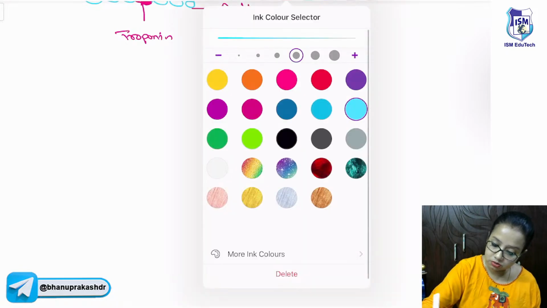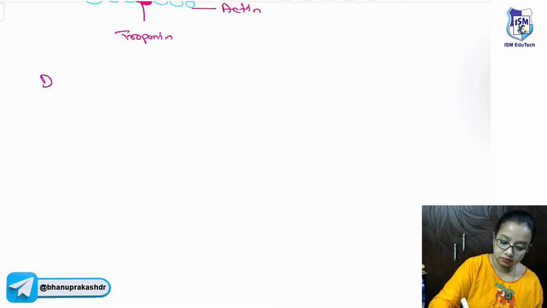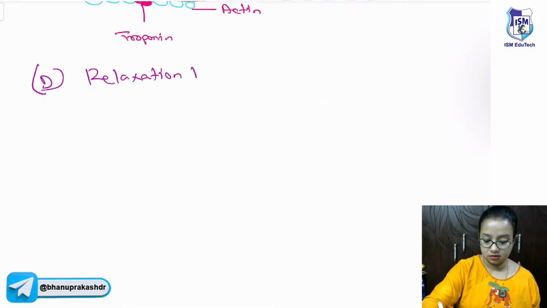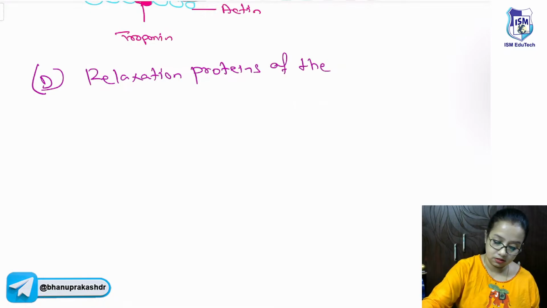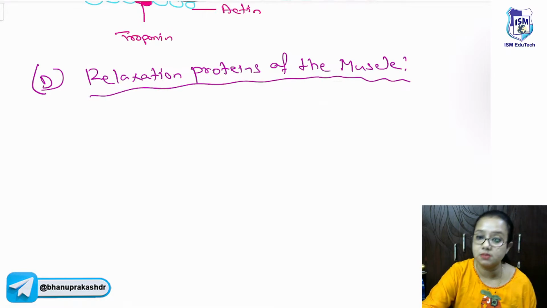Now coming to the relaxation proteins of the muscle. So what are the relaxation proteins of the muscle?